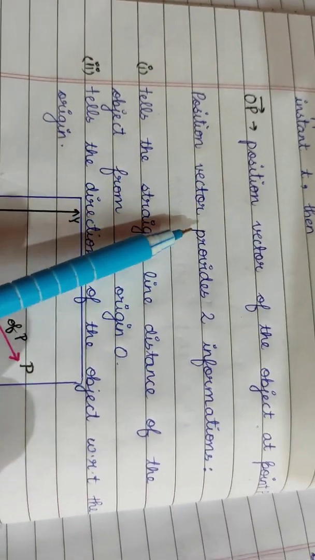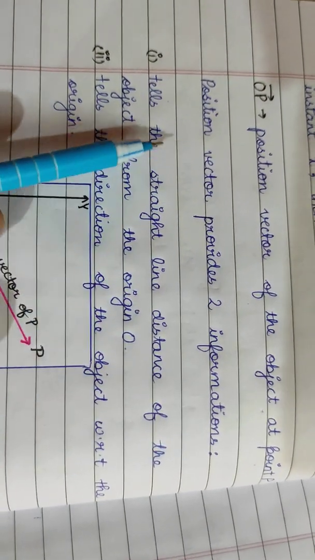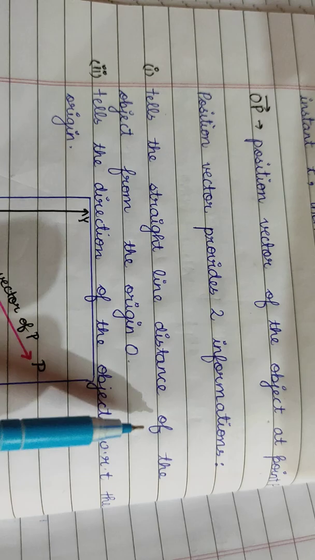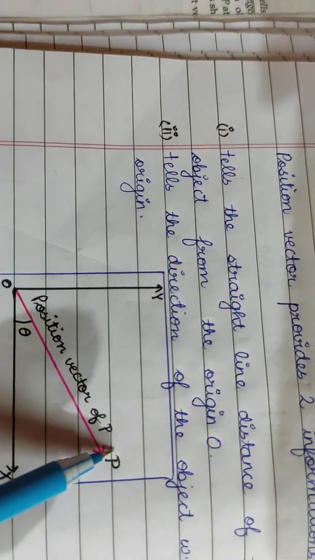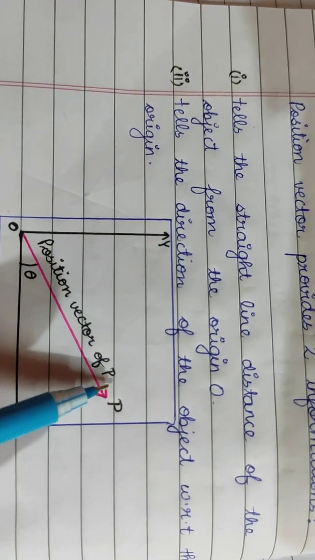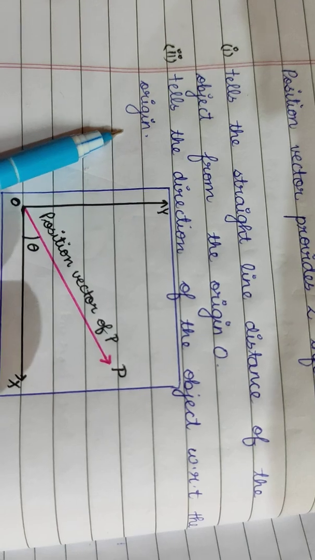And this position vector gives us two pieces of information. What are these two? It tells the straight line distance of the object from the origin. As you can see, from O to P is the straight line distance of the object from the origin. And it tells the direction of the object with respect to the origin.